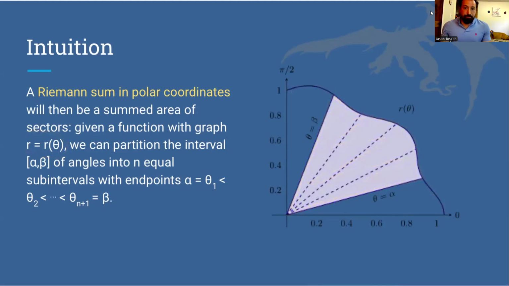Of course, integrals are limits of approximation. So first we have to understand what the approximation looks like in order to understand the formula for the actual integral. Cutting our interval of angles up into subintervals cuts the region up into little wedges. Notice at this point they still have their curved ends.